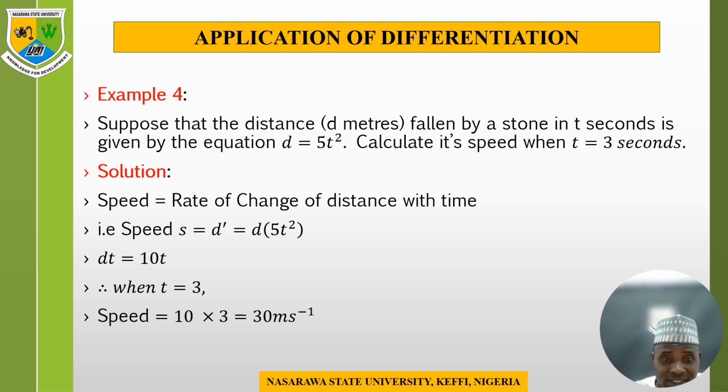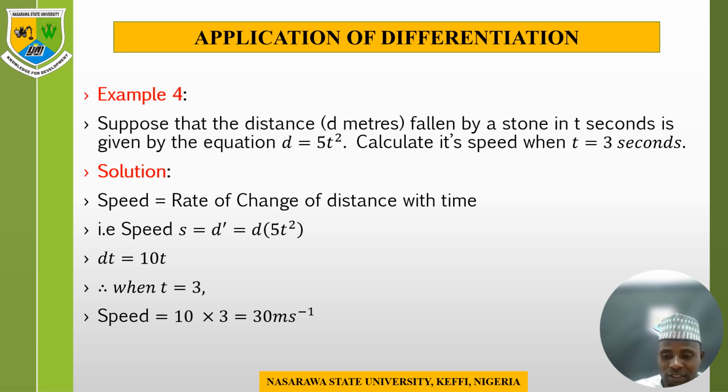And when t is 3, that is 3 seconds, you substitute the value of t into that. You have this, that is defining the speed, equal to 30 meter per second. So it's the rate of change of the distance with the time.